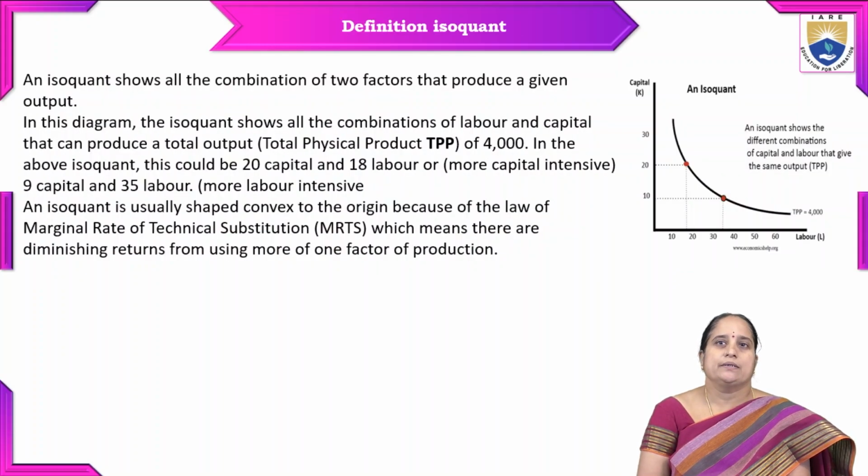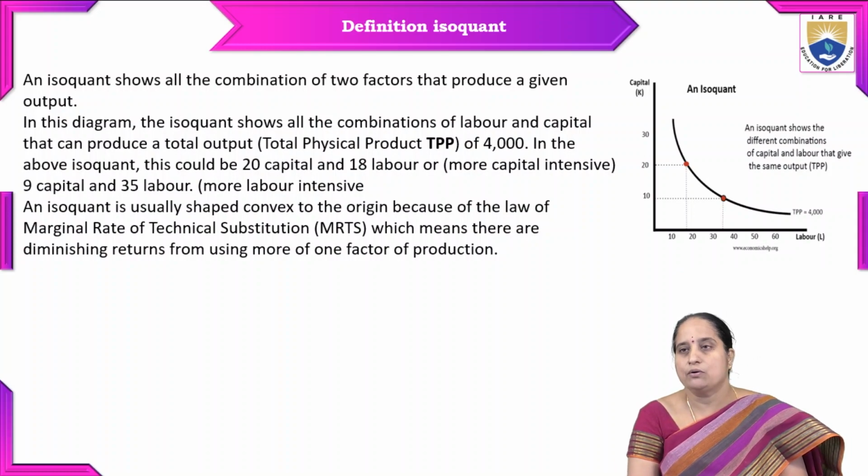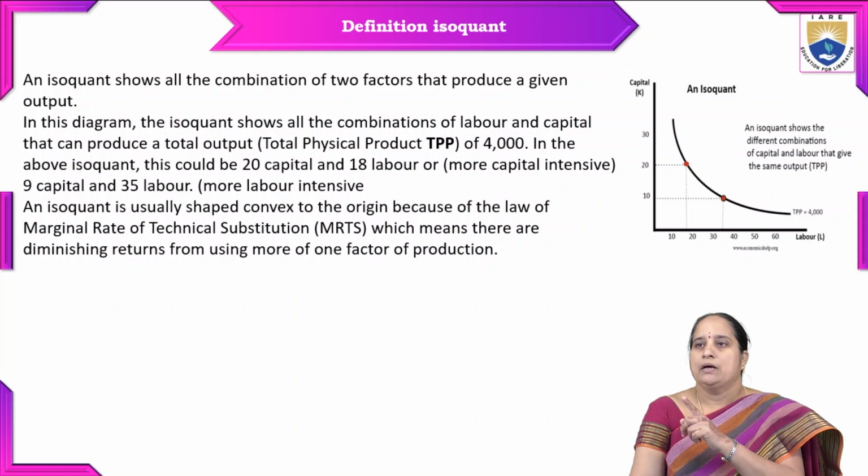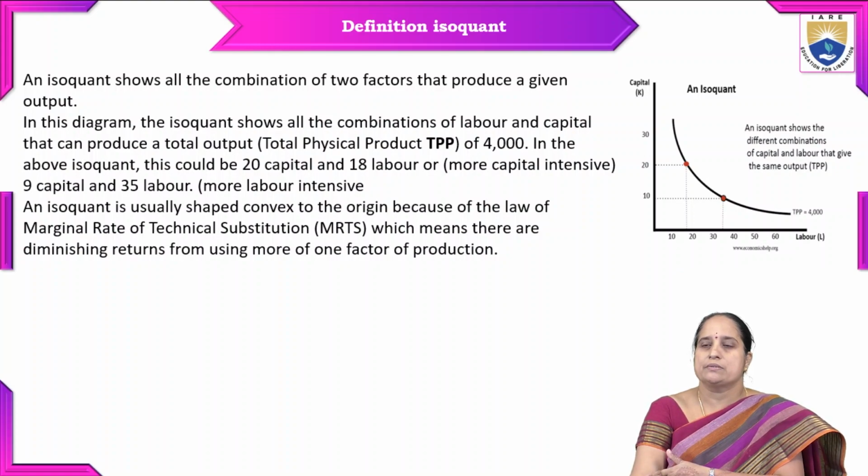Definition of Isoquant: an Isoquant shows all combinations of two factors that produce a given output. If you see the diagram, the Isoquant shows all the combinations of labor and capital that can produce a total output of 4000. We are using different combinations, 10 units of capital and 35 units of labor. As a result, you are going to produce 4000 units.